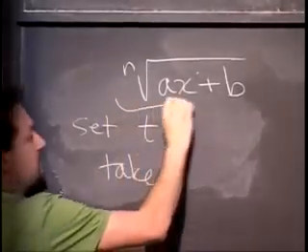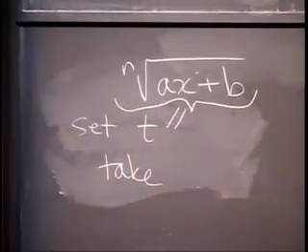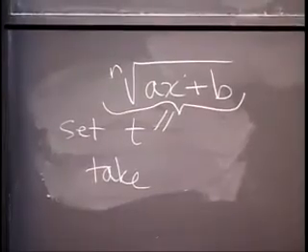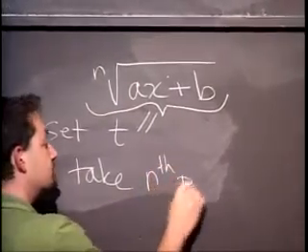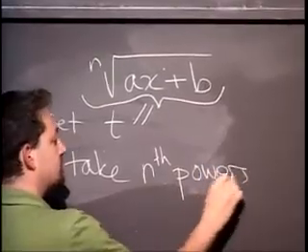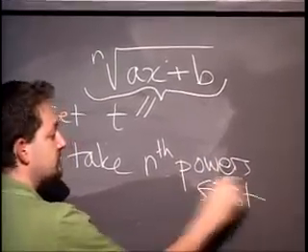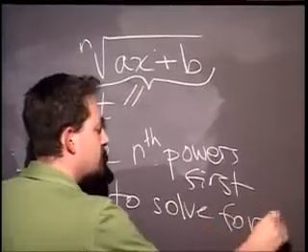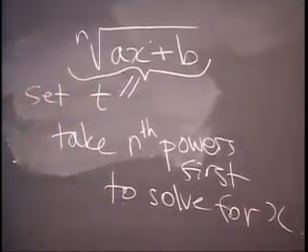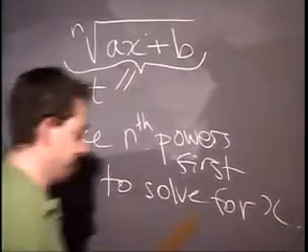Now, the whole thing. Let t be the entire thing. And take nth powers first to solve for x. This will make more sense if I do an example. So here we go.